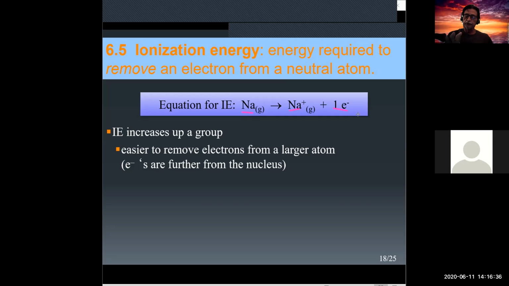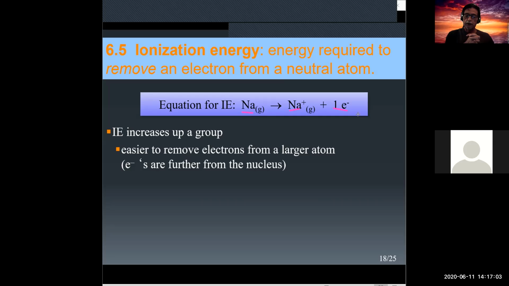That property has nothing to do with removing an electron, so let's not confuse the two. So ionization is the amount of energy necessary to remove an electron from a neutral atom. Here in that equation, you can see that elemental sodium releases an electron.